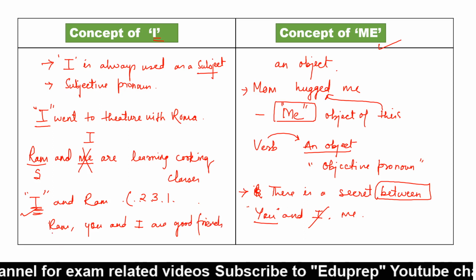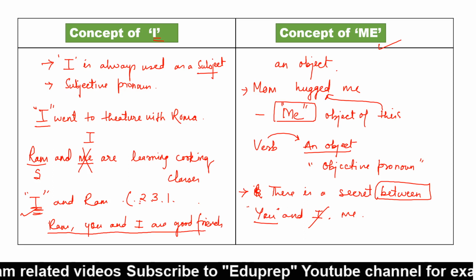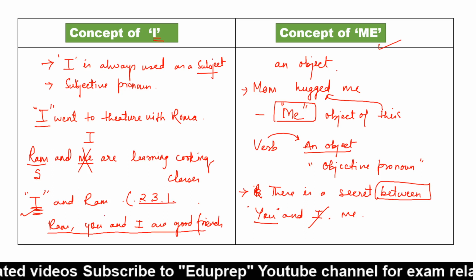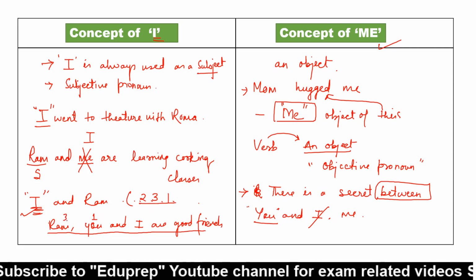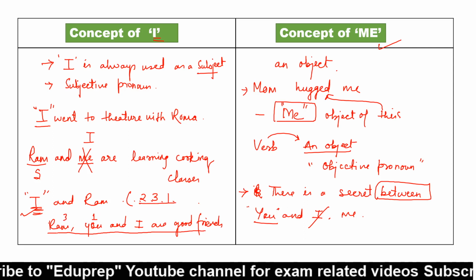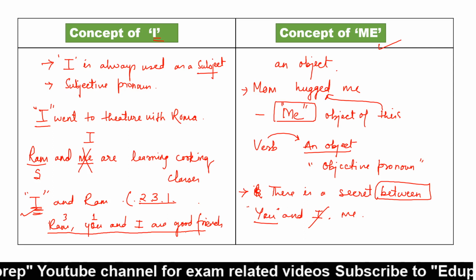So remember, when we have a positive sentence, the sequence should be 2, 3, 1. That means here we have to write first you, then third is Ram, and the first is I. So the sequence should be: you, Ram and I are good friends.